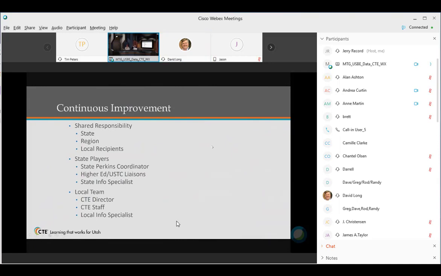Continuous improvement. This shows who is responsible for ensuring that your LEA is involved in the continuous improvement process. It's a shared responsibility between state, region, and local recipients or the LEAs.